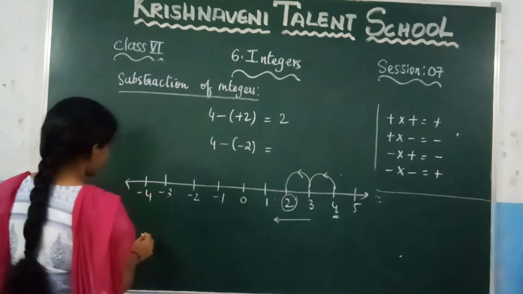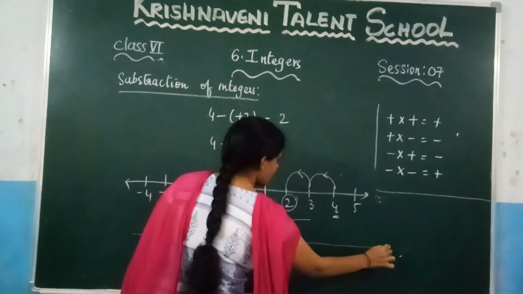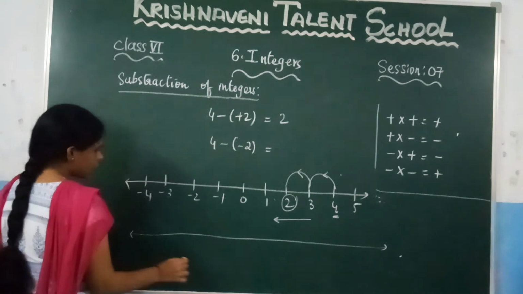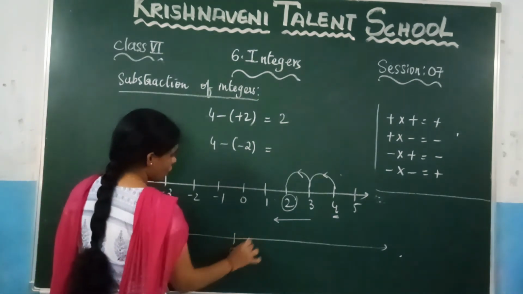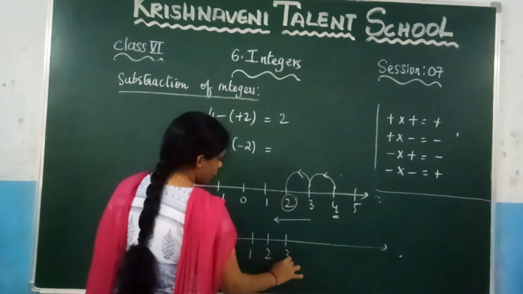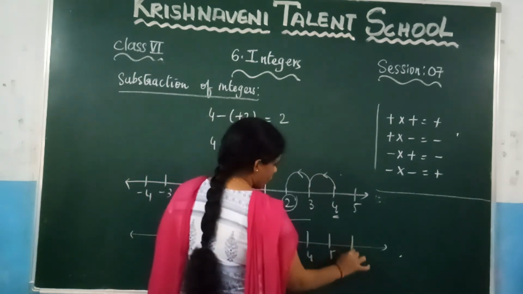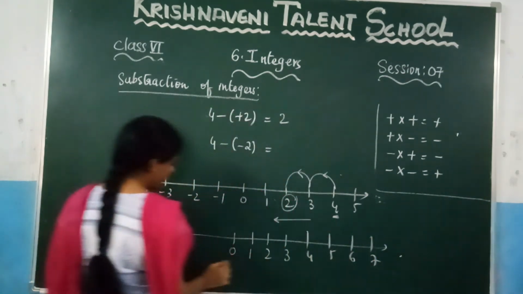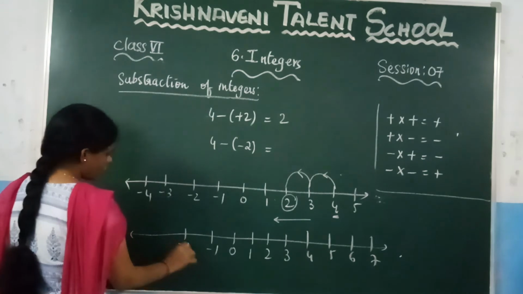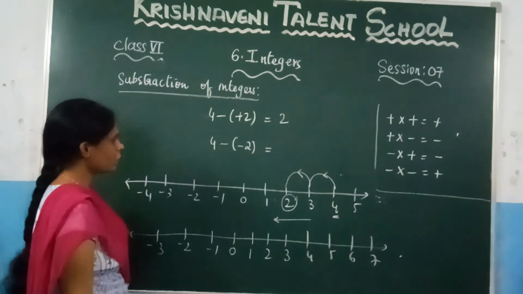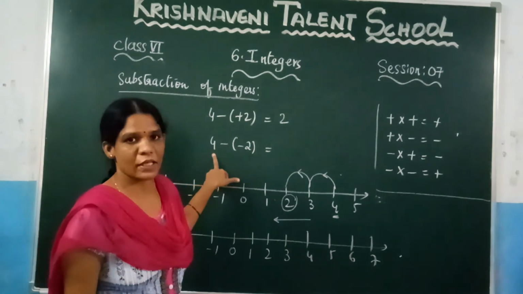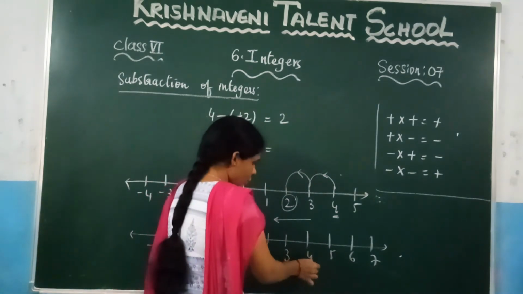Similarly, let us consider the second example. Again mark the points 0, 1, 2, 3, 4, and to the left side of 0 the negative numbers. Now, what is the first number? 4. So let us move to the number 4.